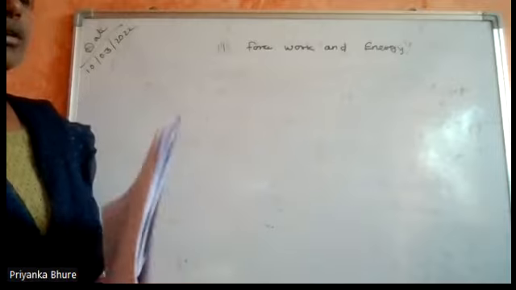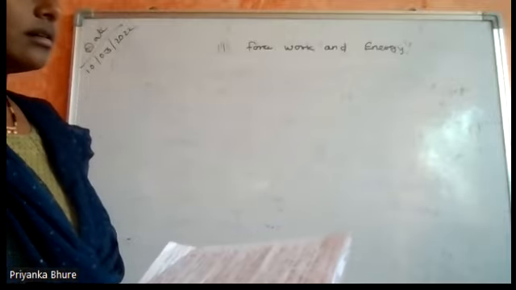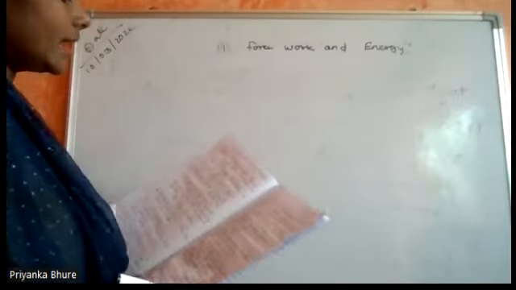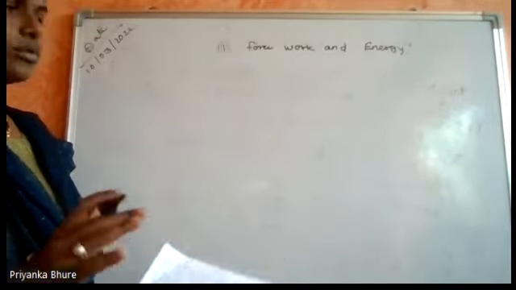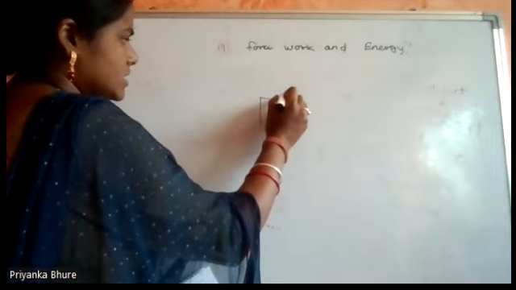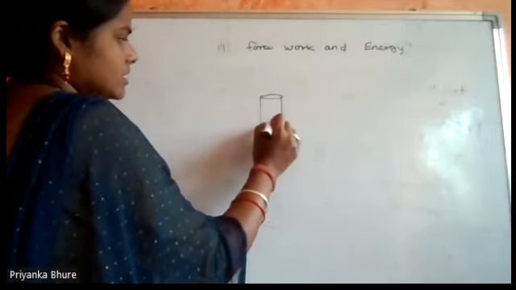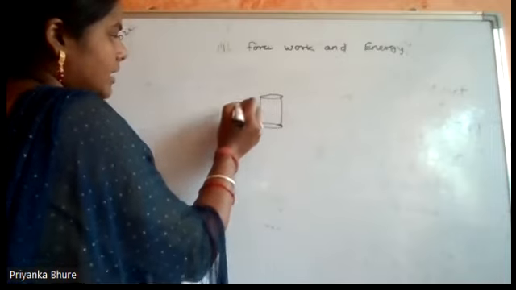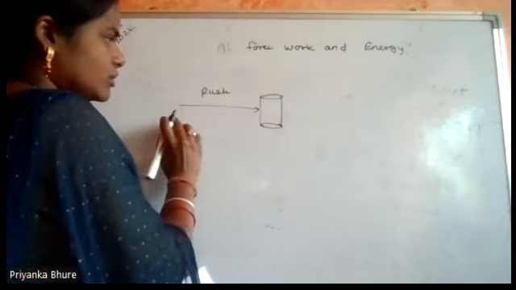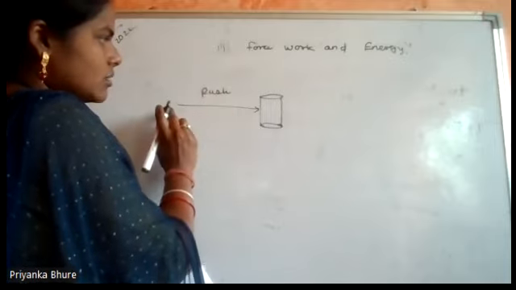So in 4th standard, what is meant by force? It is explained that a push or pull acting on an object is called force. For example, a box, a cylindrical box is there, and if anyone is pushing, the direction of the force, this is known as the push.